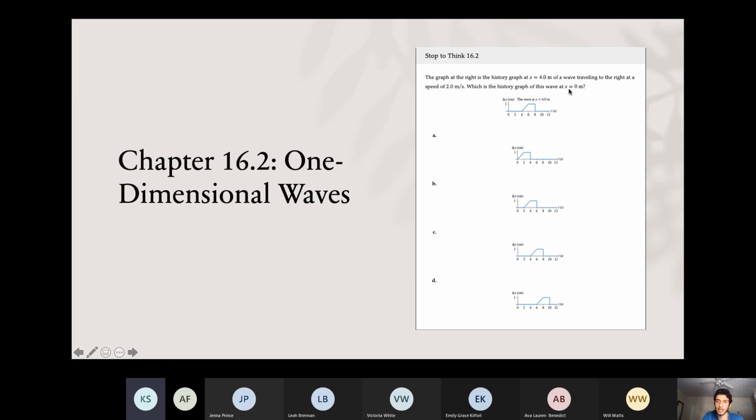So if x is equal to 0, that means it was previous to this snapshot, at a time before that. When we have this point being at 4 seconds, that's the after fact. We want to see the time before that, which is at x equal to 0.